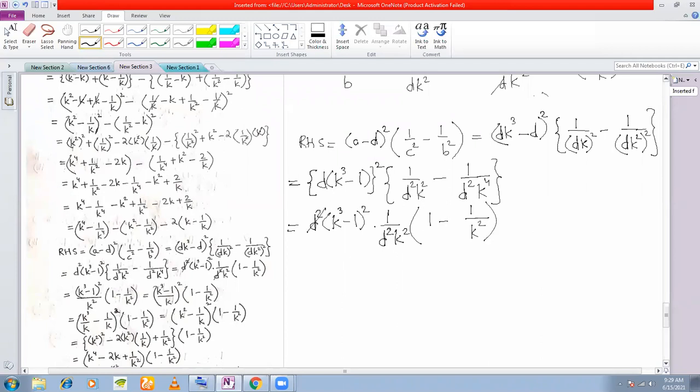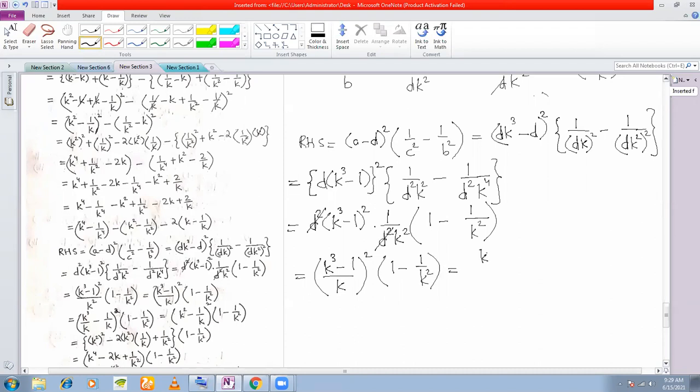So what happens here? D square and d square will cancel from here. So what are you left with here? K cube minus 1 whole square divided by k square, which can be written as k cube minus 1 by k whole square, right? And you have a minus 1 by 1 minus k square.